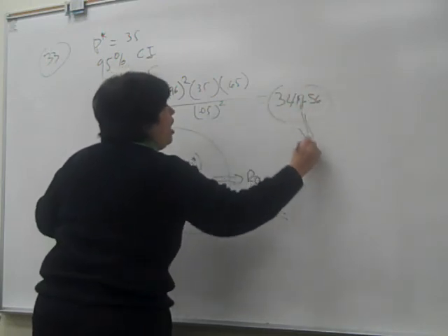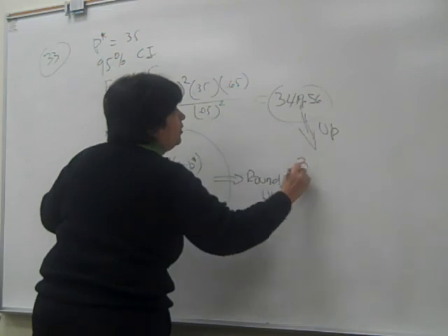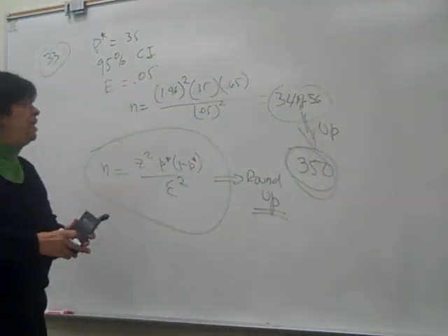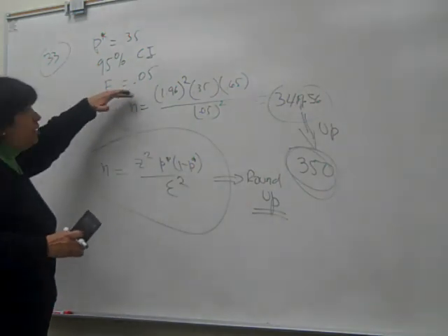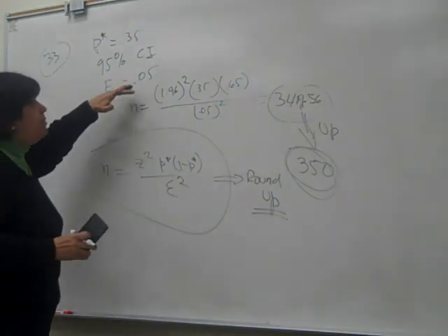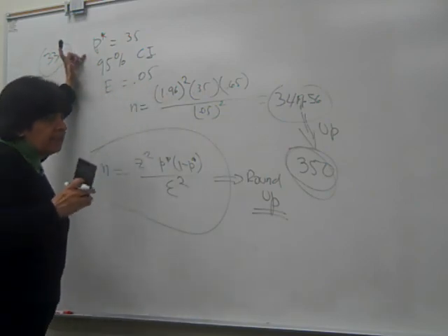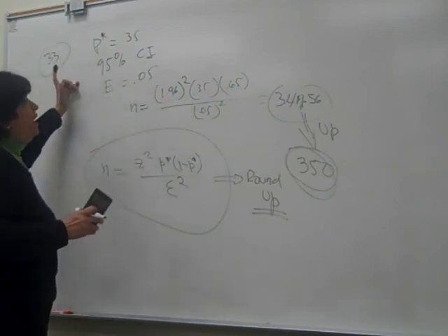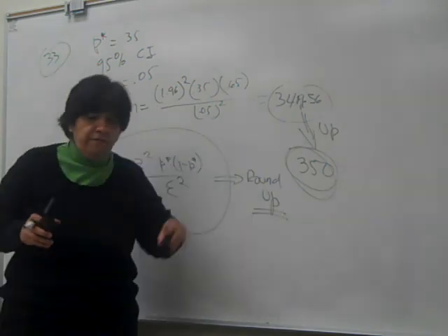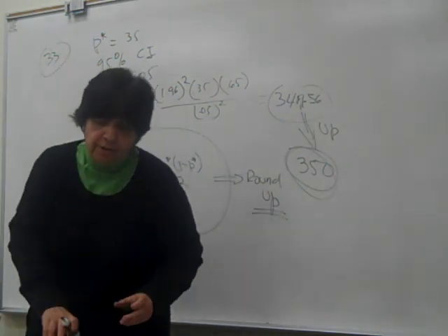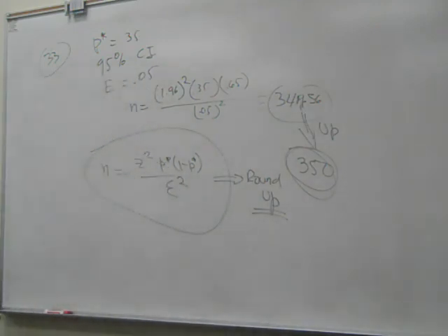Okay, so we round up and it's 350. So the minimum sample size in order to get a margin of error of plus or minus 0.05 when the p star is 0.35 has to be 350. So the minimum sample size is 350. That ends chapter 8.